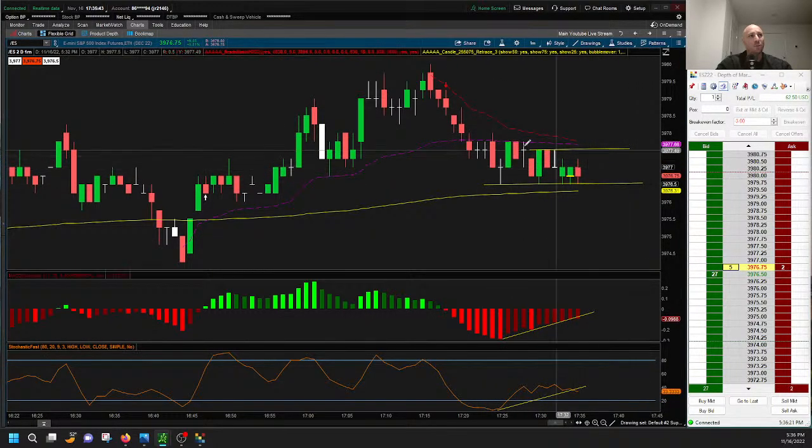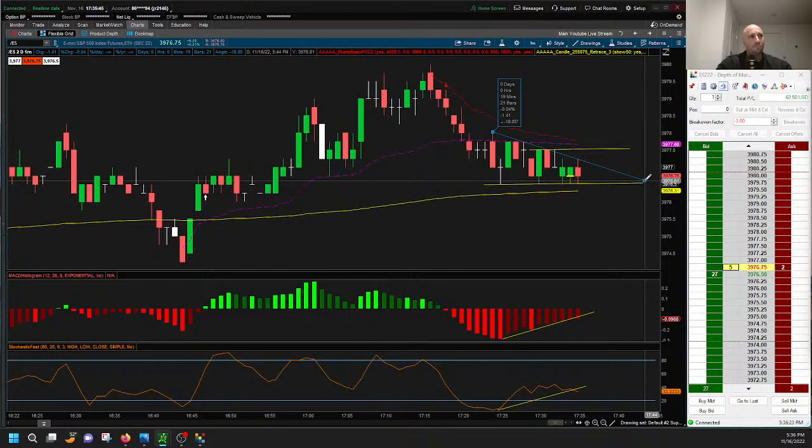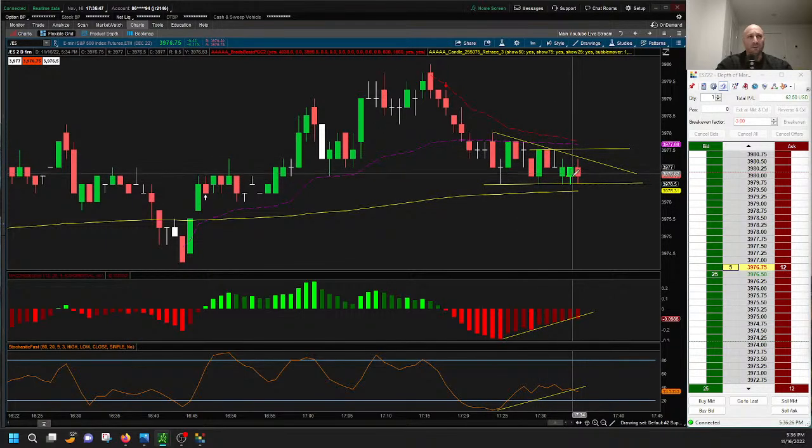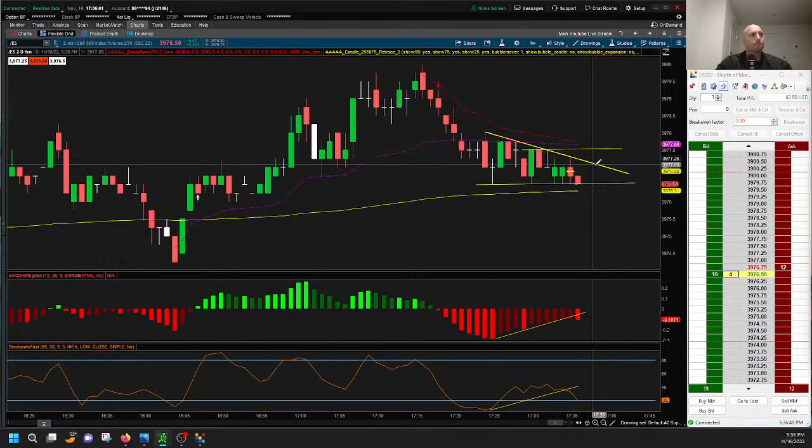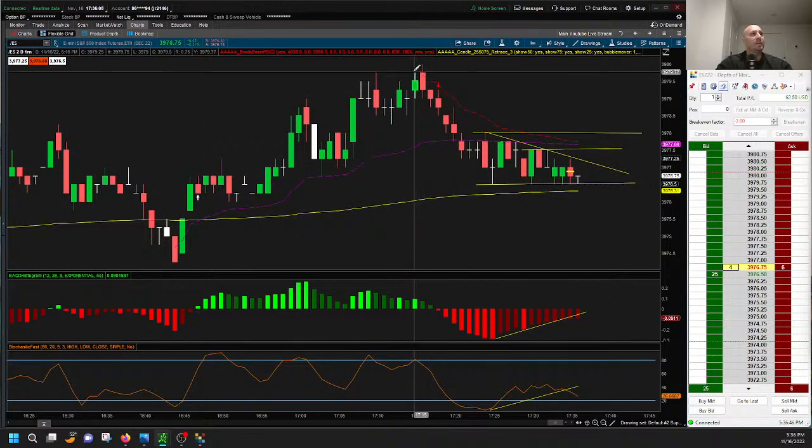Like I said, I think we're going lower because of this descending triangle. Kind of break down from that ledge. And this might just be a look below and fail. One tick, bounce off the 200 and go right back up. But this is our line in the sand, our second line, and then our third.